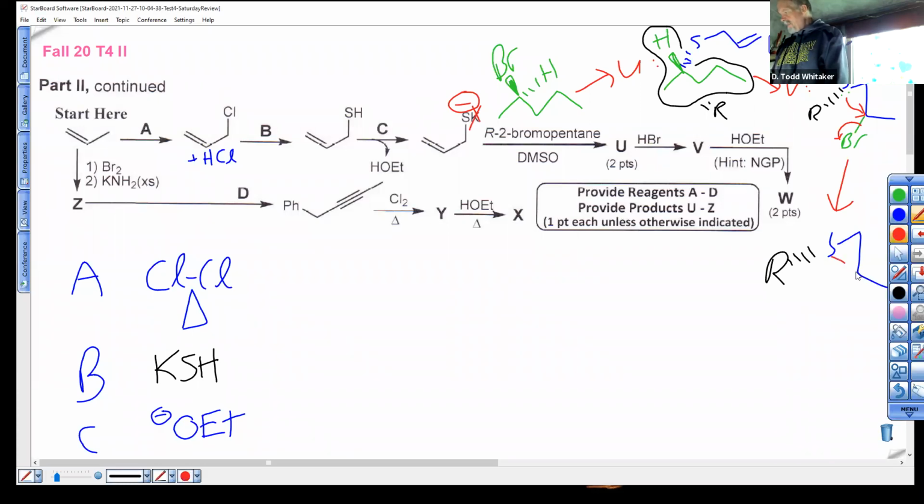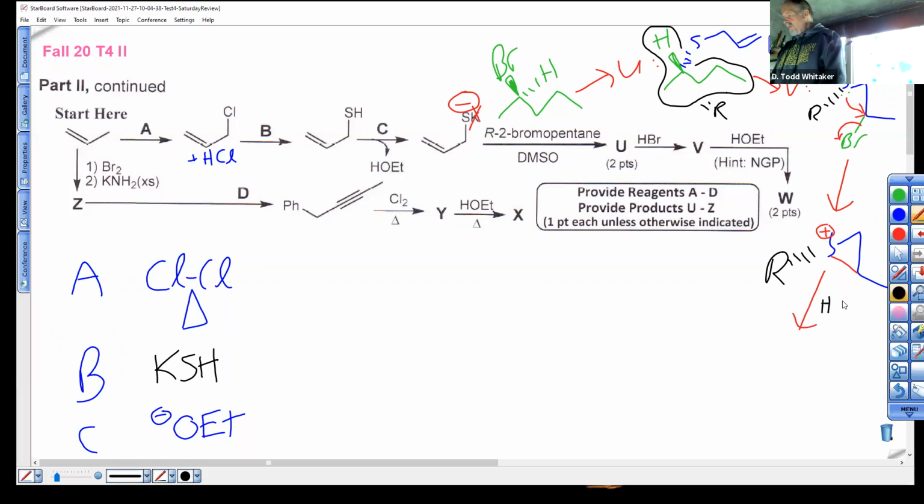New bond here, triangle plus. The question for NGP is, which carbon attached to sulfur in the triangle is the easiest one to get to? That's just like saying which one is least hindered. And that's the CH2 here, less hindered than the C with a methyl down here. And that's where your HOEt does its attack.